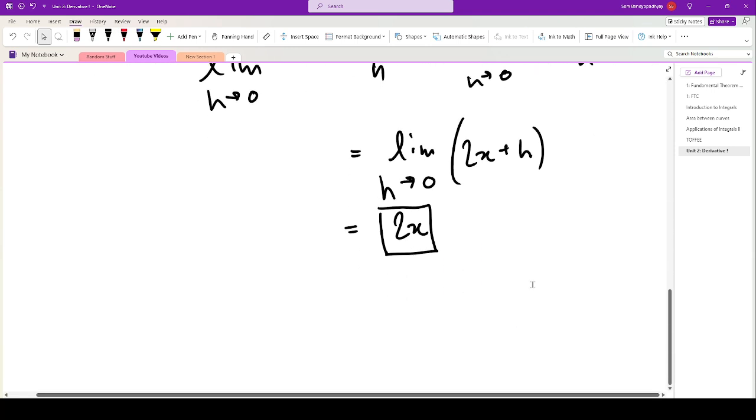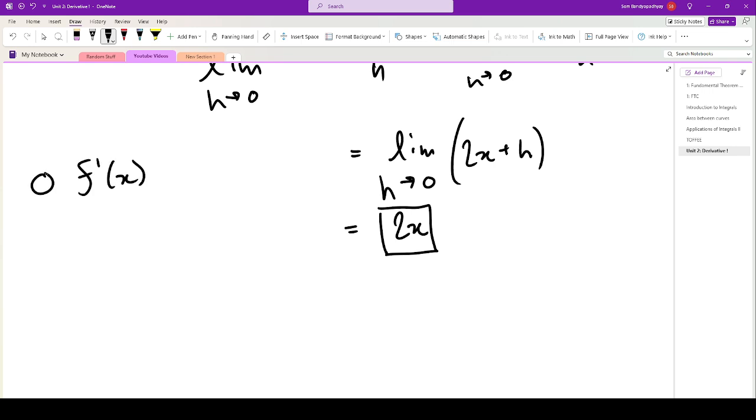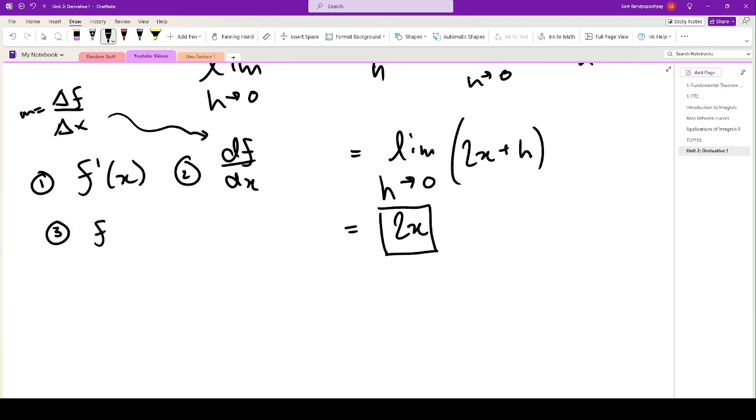And there are a couple different ways to write that. This is where you get into the notation. So here's the first way: it's just an apostrophe, f prime. The second way is df dx. This is sort of a reference to the whole delta f over delta x slope definition. It's kind of similar to that. You can also write f dot. That's usually only used when the input is time, and it is much less common.